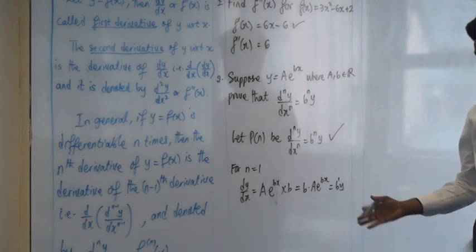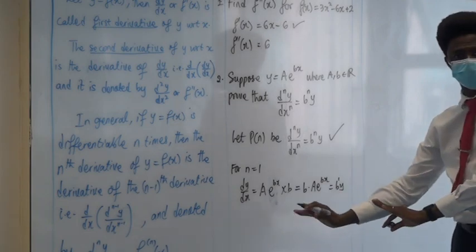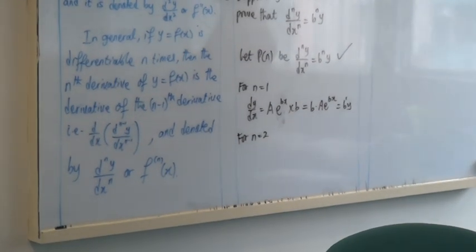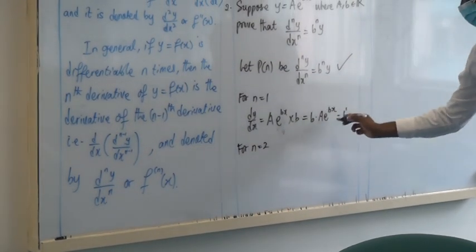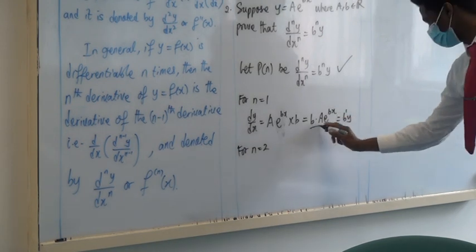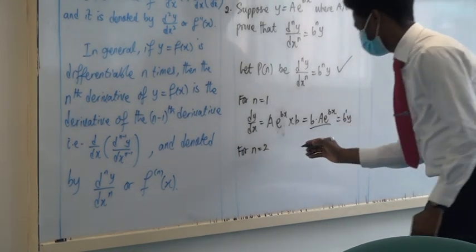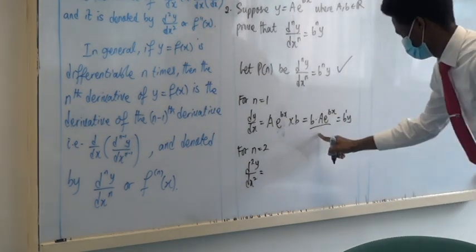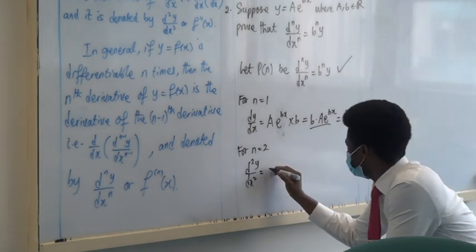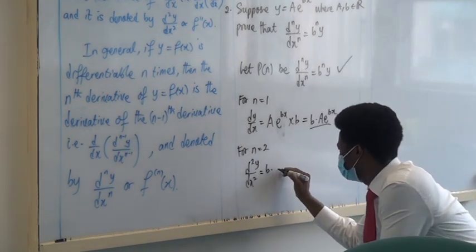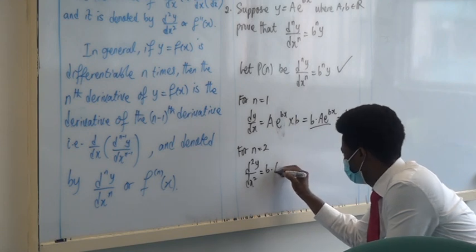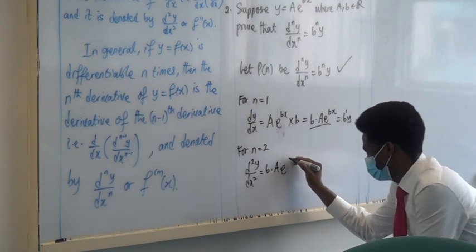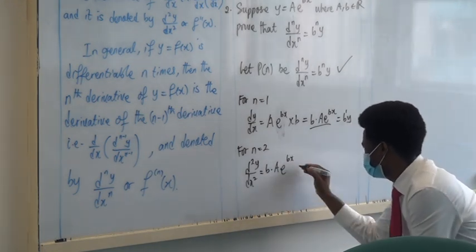Are you getting my point? You don't have to do n equals 2, but I'm just going to do it. For n equals 2, that means we are talking about the second derivative now. Second derivative means go back and differentiate the first derivative. So I will start from here, not here. My second derivative, d^2y/dx^2, from here is a e^(bx) times b.